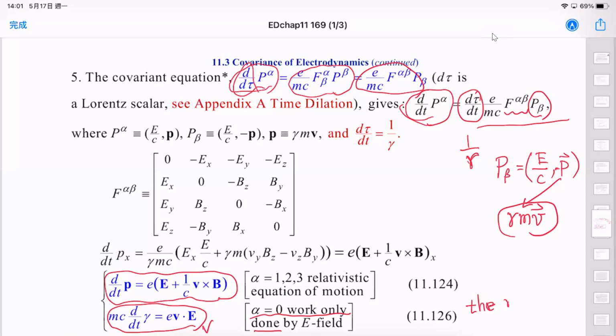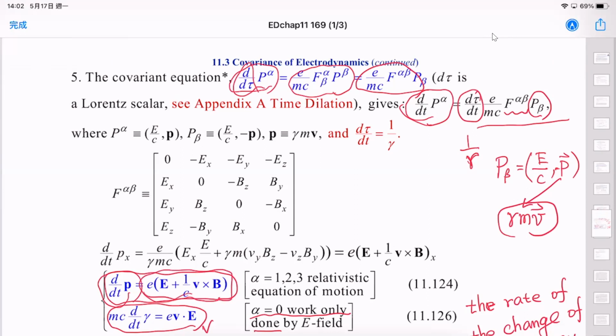Okay? That's the first one. And this is the force we know. That's the Lorentz force.